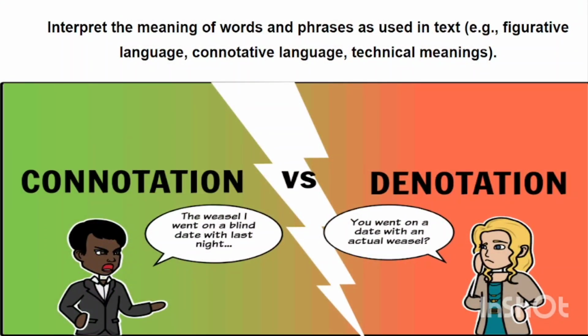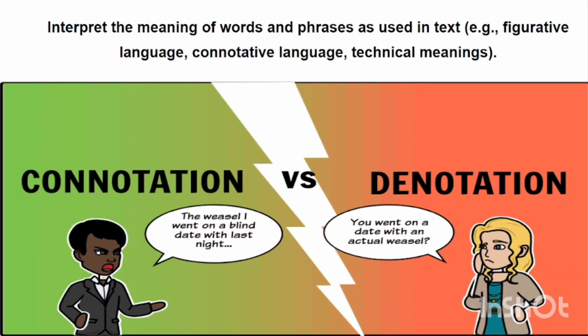Now, we're going to look at the first skill. Once again, it was interpret the meaning of words and phrases as used in the text. I'm going to go over figurative language, connotative language, and technical meanings. As you can see here in the photo, connotation versus denotation.